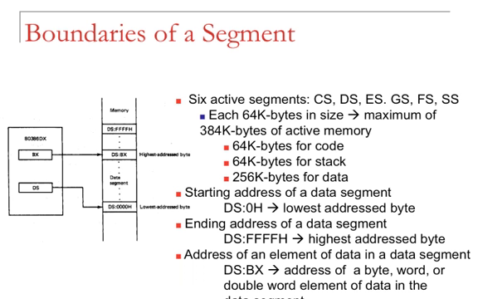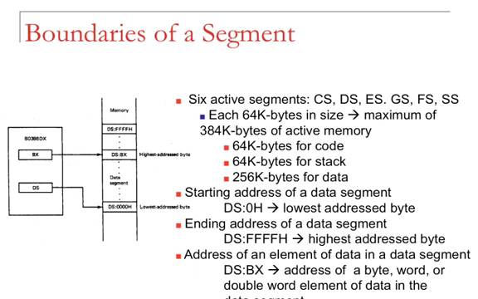From these 2, we will be able to find the location of the data segment, because the DS will tell you that. And DS colon 0000 is the beginning or lowest address of the data segment, up to the highest FFFF. This BX will be used as offset. So using DS colon BX, you will find the location.